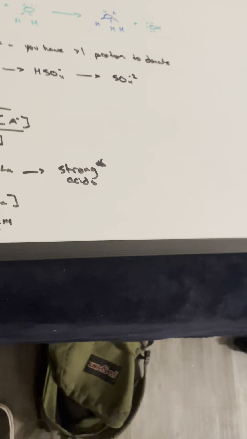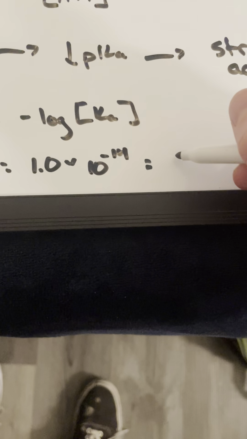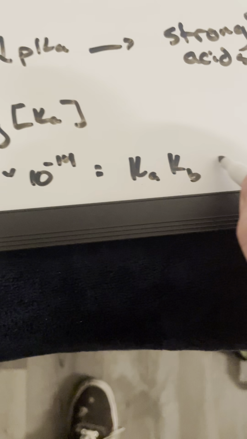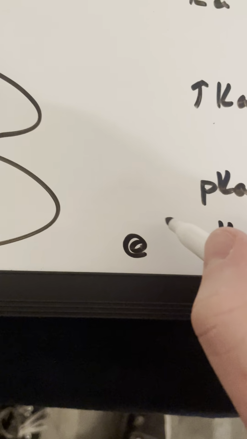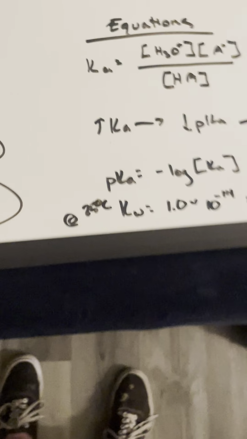14 is a weird number when it comes to acid bases because it's important. But then this is also going to be equal to the Ka times the Kb of conjugate acid base pairs. And this is going to be at 25 degrees C. Cool.